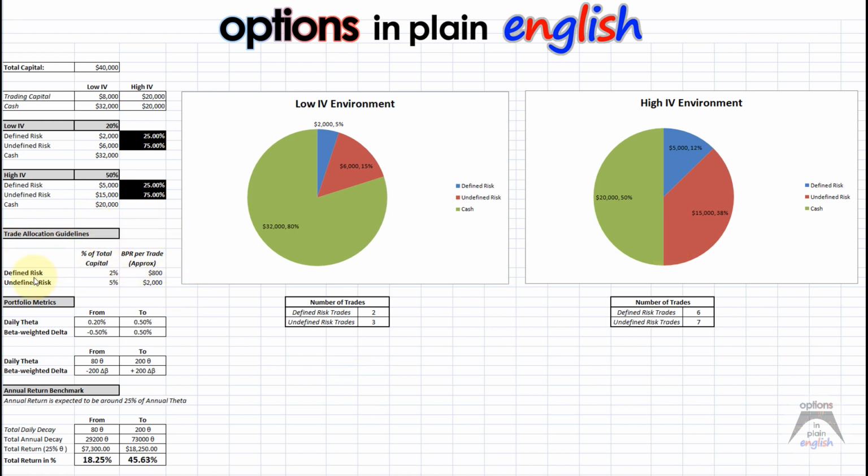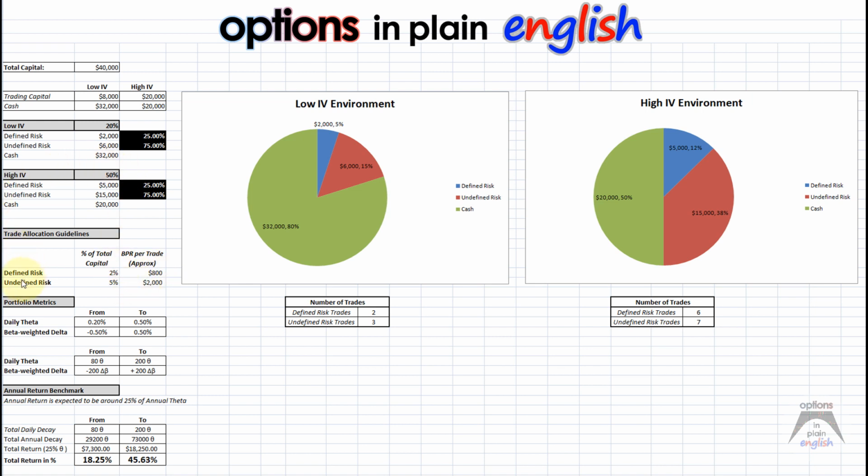Remember, we talked about defined risk and undefined risk, how for defined, it was anywhere between 1 and 2% per trade. And for undefined, it was anywhere between 3 and 5% per trade. Our total capital is $40,000. So 2% of 40,000, every defined risk trade is going to be approximately $800. We're going to allocate $800.